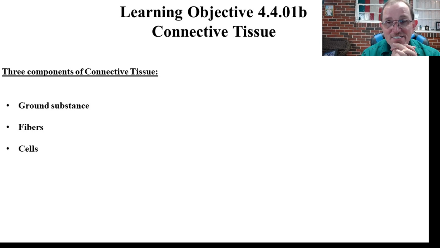Ground substance is kind of what the connective tissue is part of what it's there for. It's hard to say. Let me give you some examples. Now, fibers and ground substance together is called the matrix. So the matrix of bone is going to be collagen fibers, and over the top of that, there are crystals of calcium and phosphate.